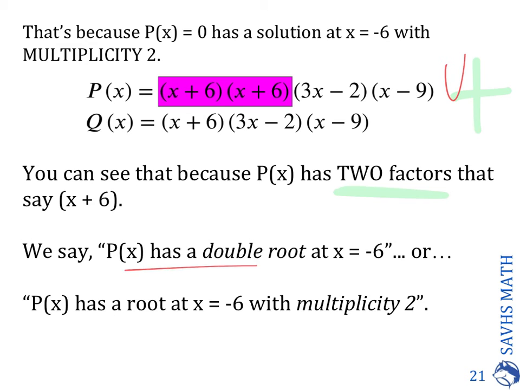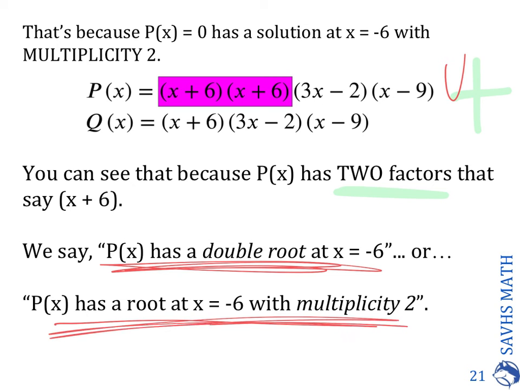We can say p of x has a double root at x equals -6, and we can also say p of x has a root at x equals -6 with multiplicity 2. These two things are interchangeable. They mean the same thing, but you might hear me say those words a couple times this unit. We can see that because the factors are written twice.